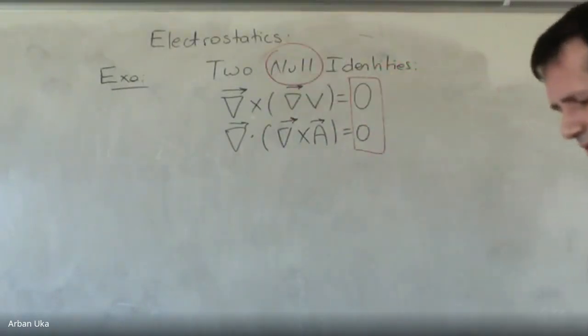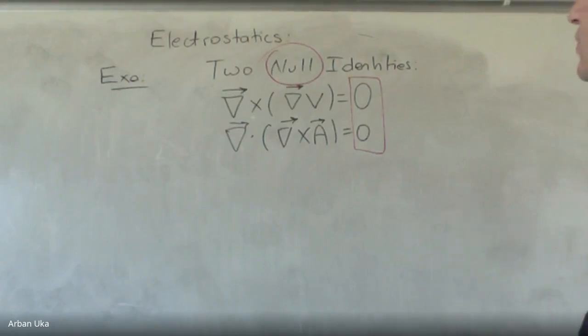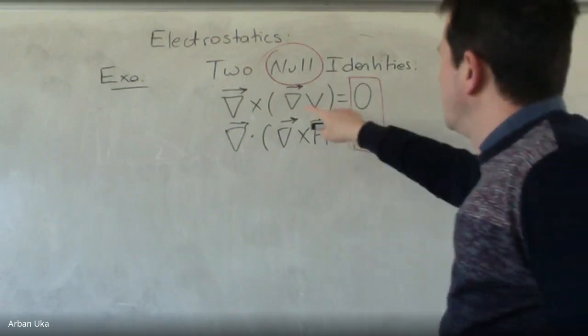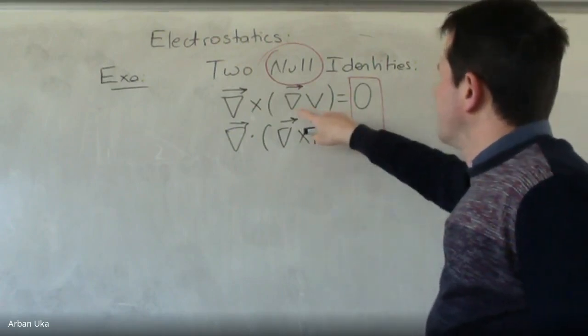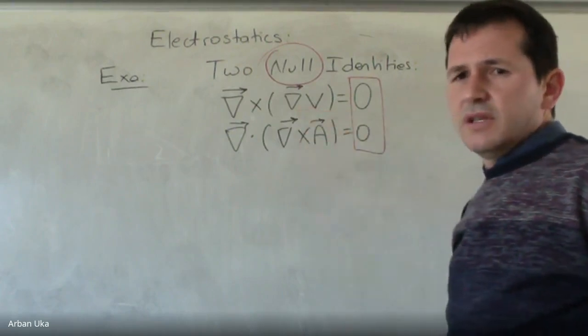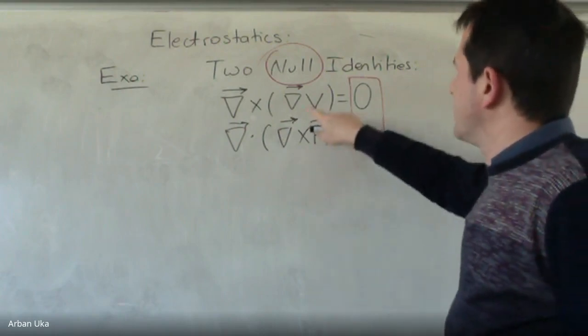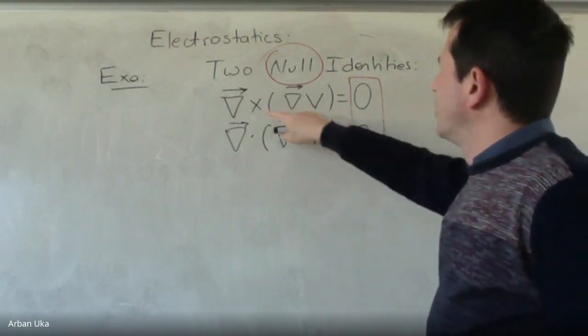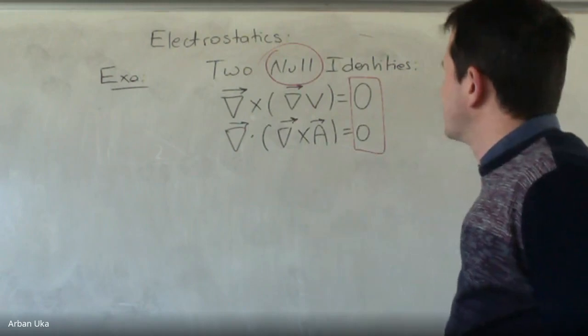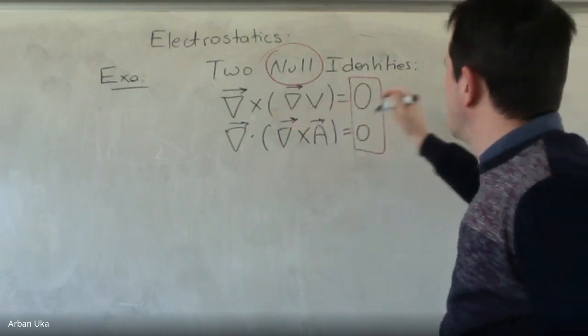These null identities, we get a zero for these two, and what we can understand from here is that in the case of the electric field, it can be written as a gradient of the potential, which means that the curl of the electric field is always going to be equal to zero. So that's a null identity.